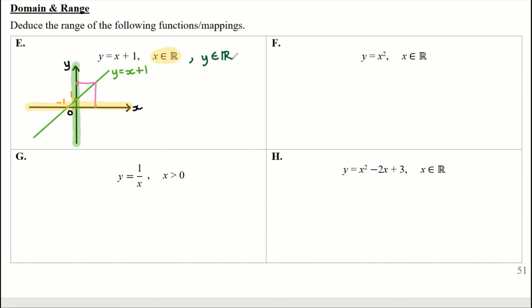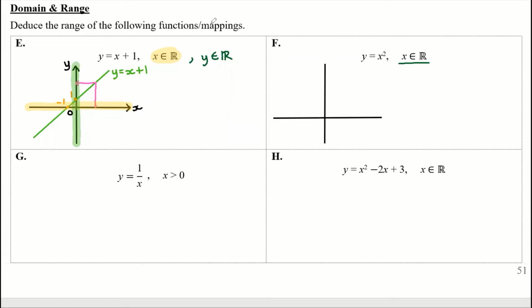Now, if we move on to F, we have a quadratic, a very simple quadratic, y equals x squared. And again, this is defined for all real numbers. So again, draw the graph. Let's sketch it. So we'll put some axes on here. If you haven't done this, please do it now. It's a good idea to sketch the graph so you have a good idea of what's going on.